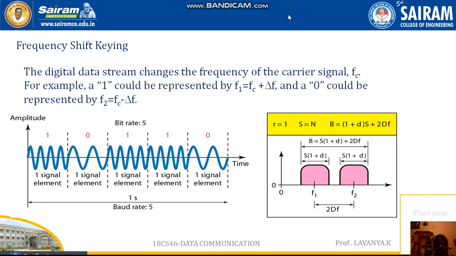the next type is the frequency shift key. In frequency shift key, the big changes happen at the frequency level.